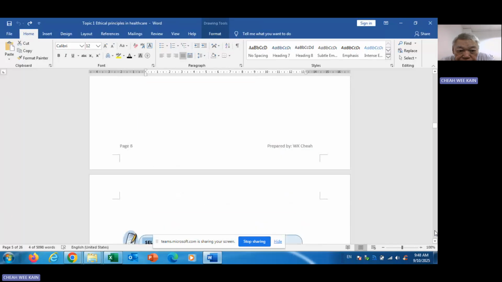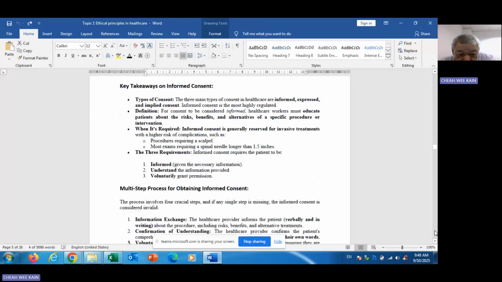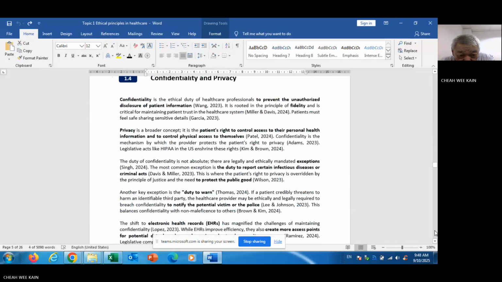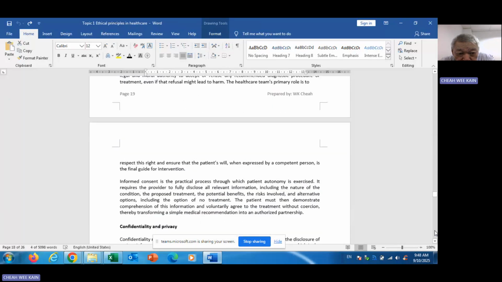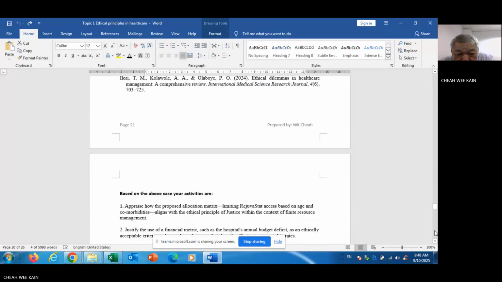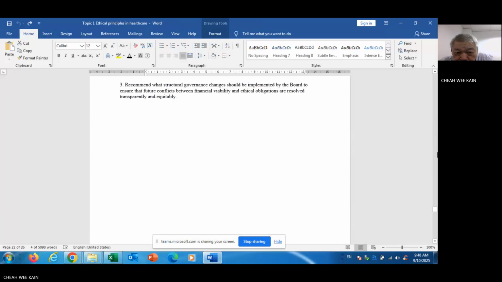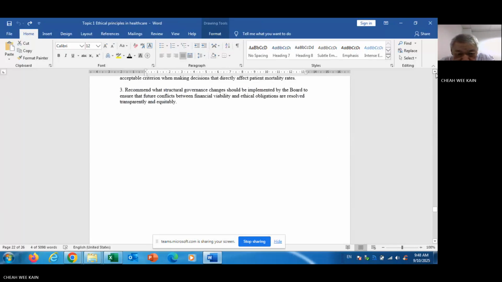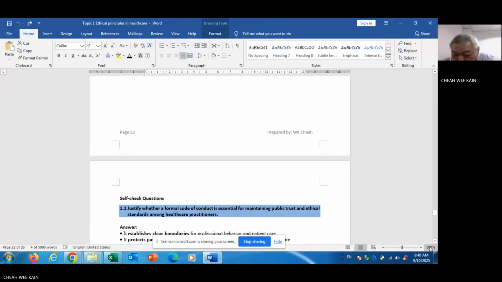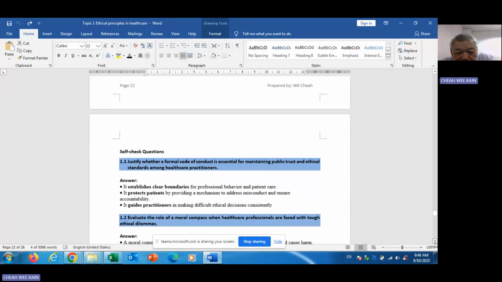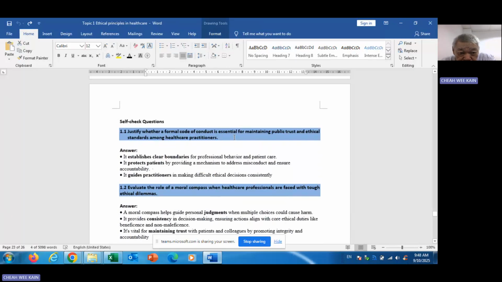So you look at the bottom of this chapter. So, hang on. So let's say we have self-check question. Again, justify whether a formal code of conduct is essential.